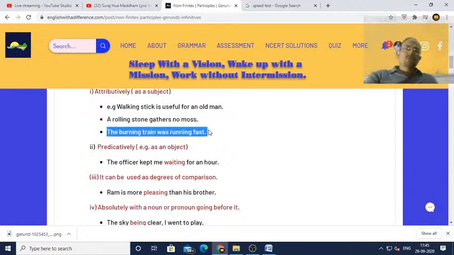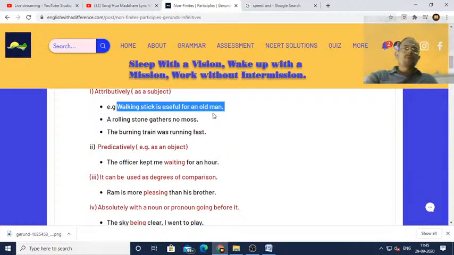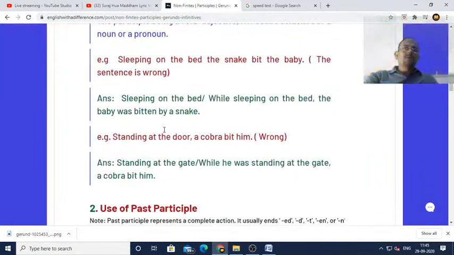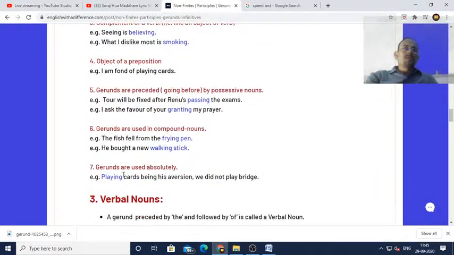So whenever you find the -ing form in a single sentence, it is the example of present participle. But in the case of gerund, there are two parts of the sentence: "Playing cards being his aversion, we did not play bridge." It's a two-part sentence. This is how you can differentiate between a gerund and a present participle.